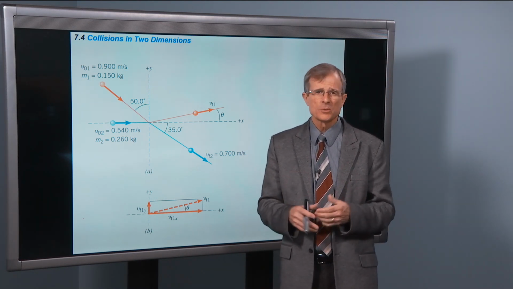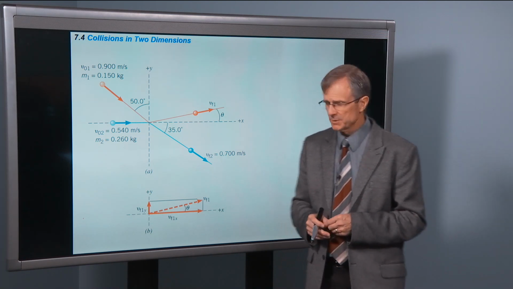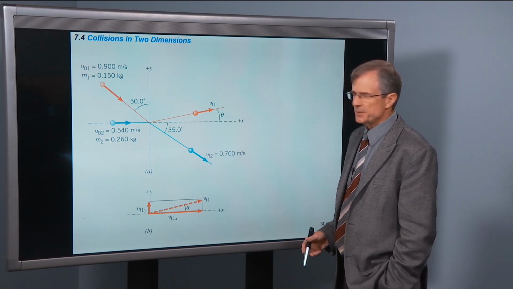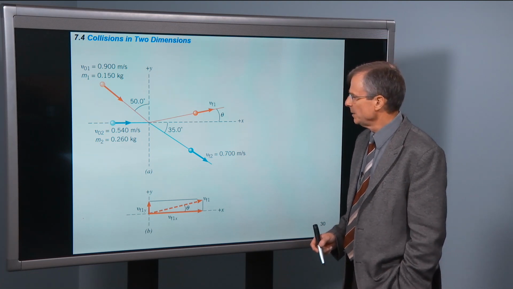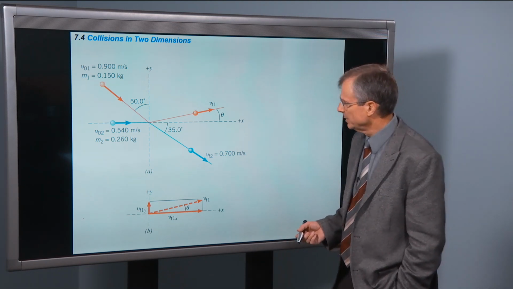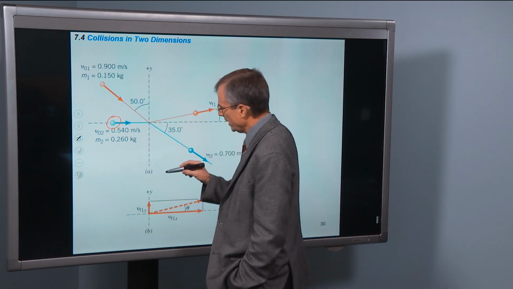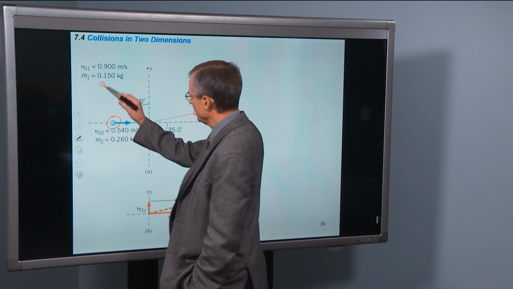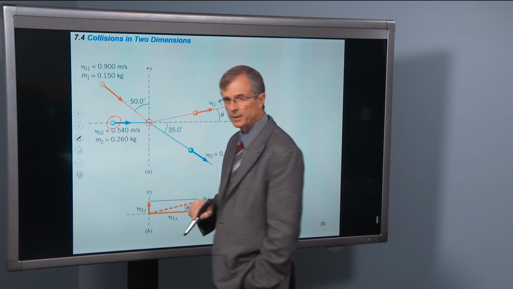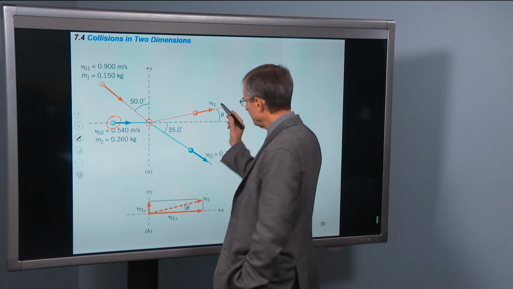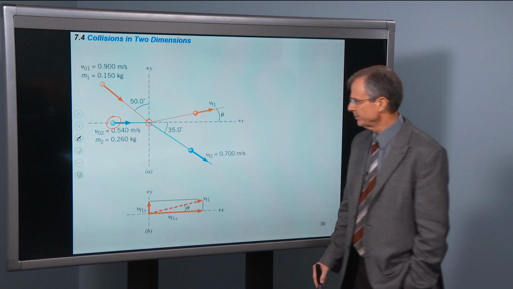Okay, and just another, you can also do two-dimensional problems with conservation of momentum. Billiard ball collisions, for example. Suppose you take a billiard ball, you send it toward the right, it collides with another billiard ball at this point here in the center, and then the two balls go off in different directions.